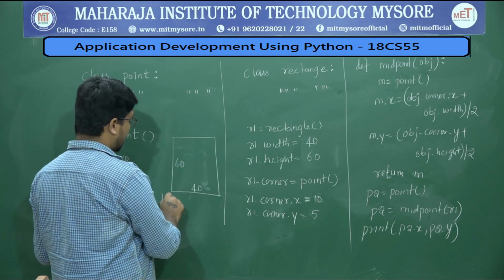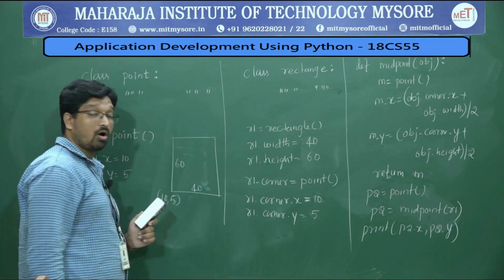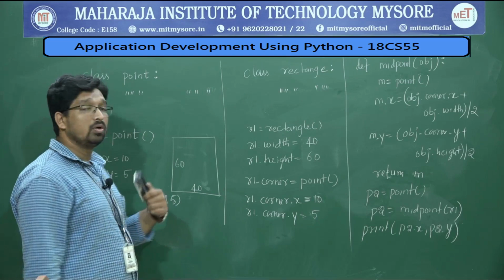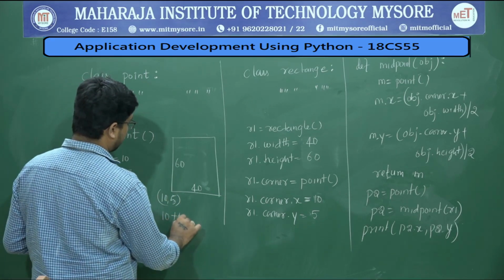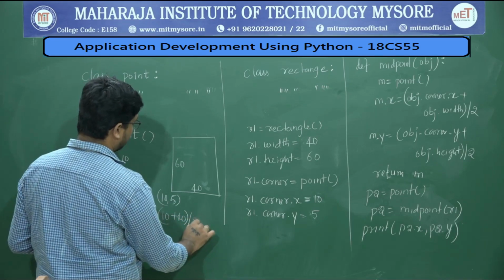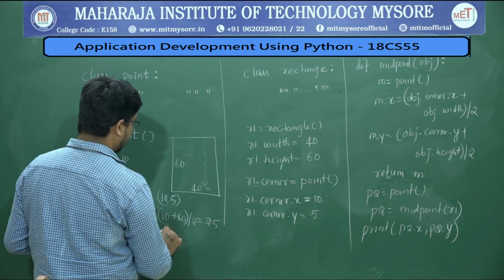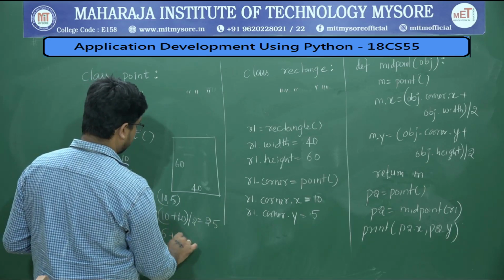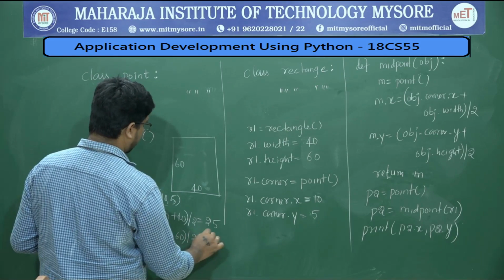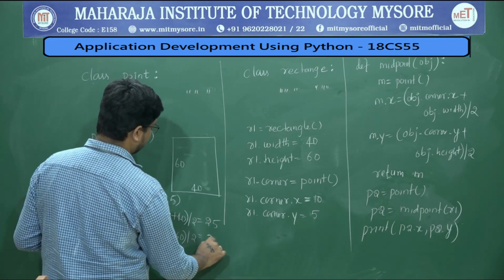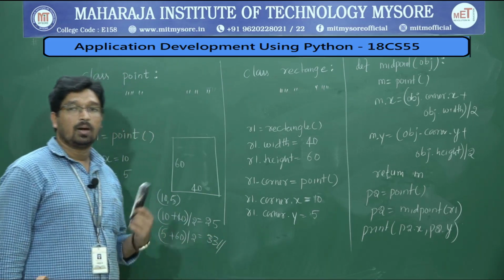Sorry, the corner is 10 comma 5. How do you find out the midpoint? Midpoint is nothing but 10 plus 40 divided by 2. So 50 divided by 2 means 25. Then 5 plus 60 divided by 2, it is 65 divided by 2, almost 33. So 25 comma 33 is the midpoint.